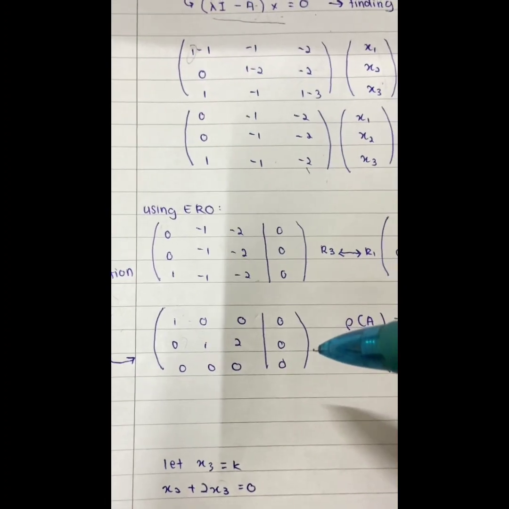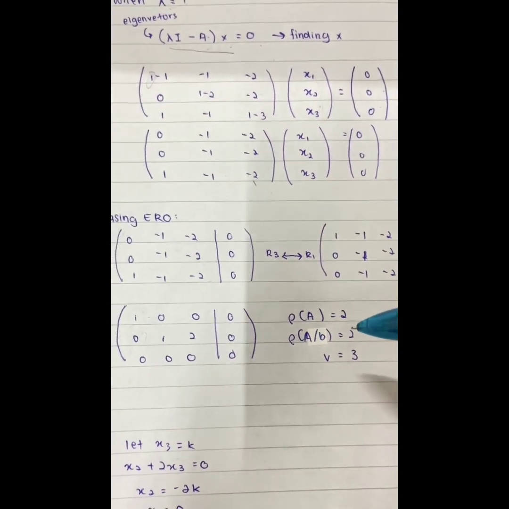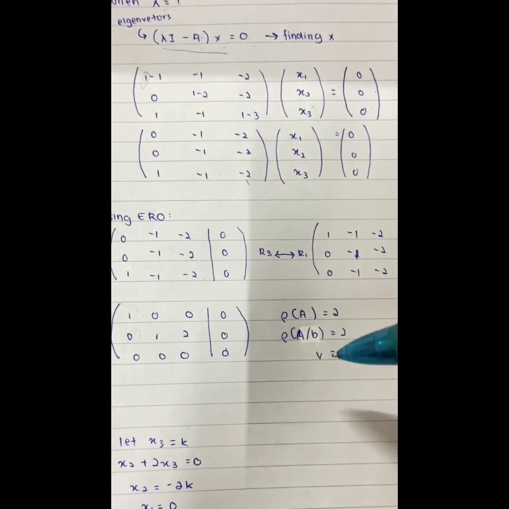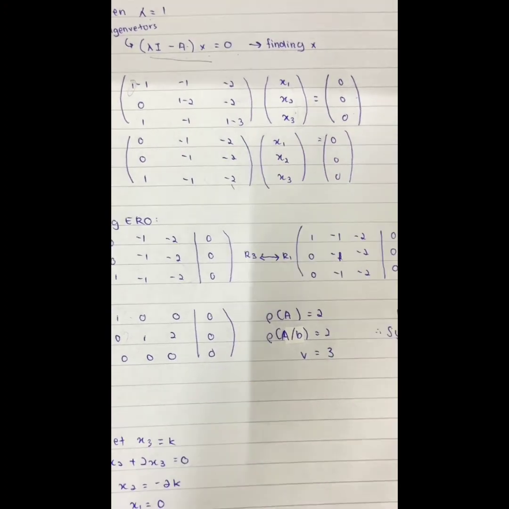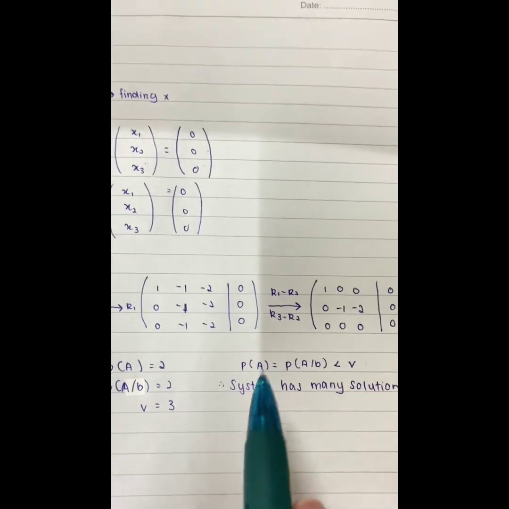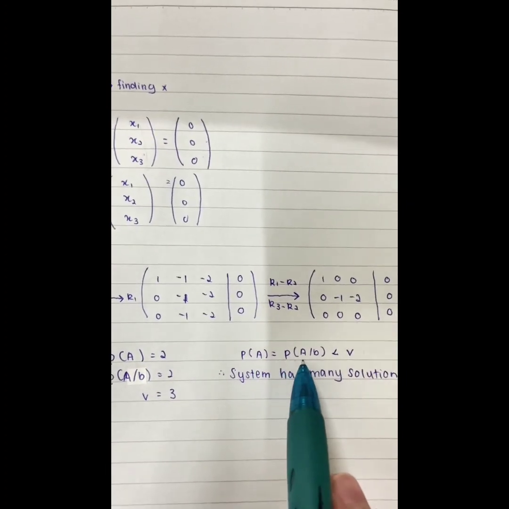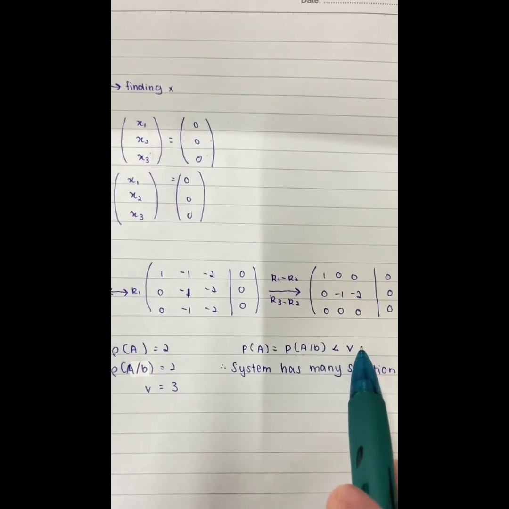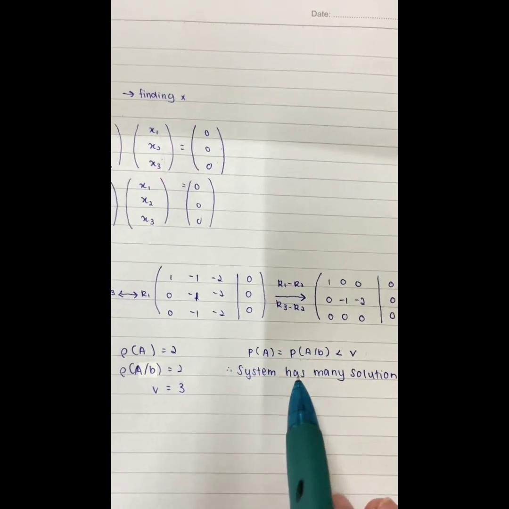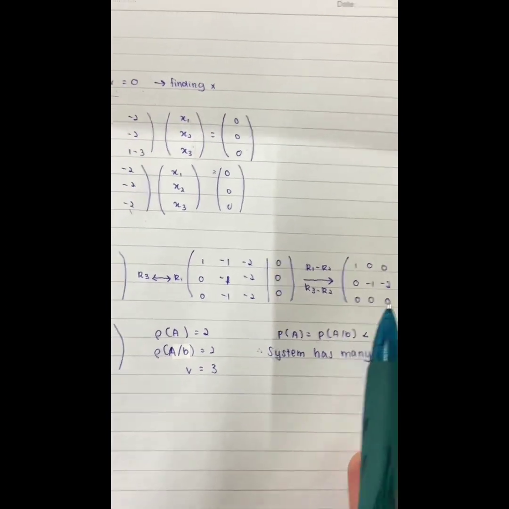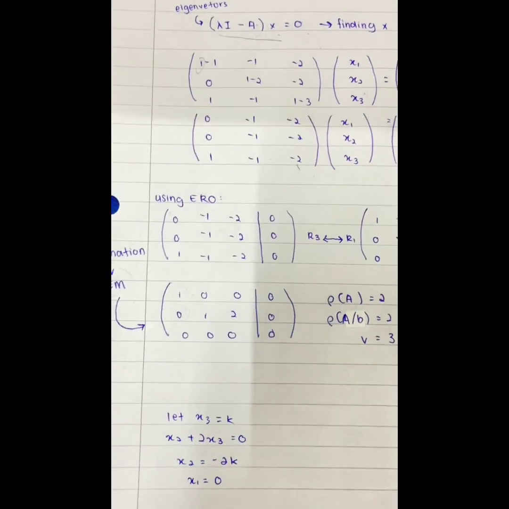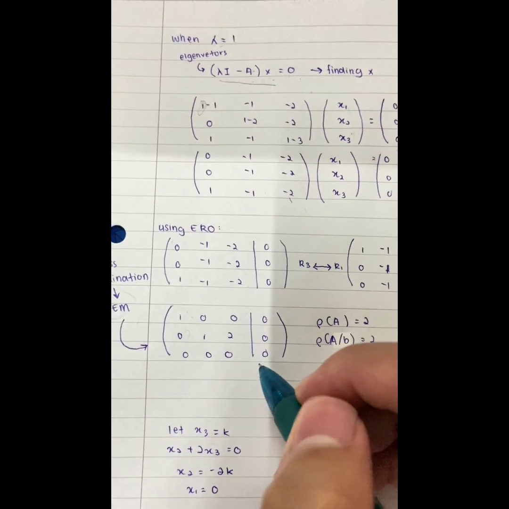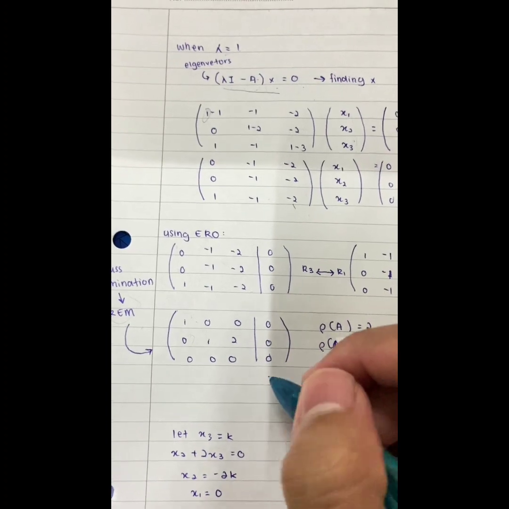From here we can see that the rank of A is equal to 2, the rank of the augmented matrix is also equal to 2, and the number of variables is 3. So the rank of A is the same as the rank of the augmented matrix but less than the number of variables. This means the system has many solutions. For the many-solution case, we should find the free rider.